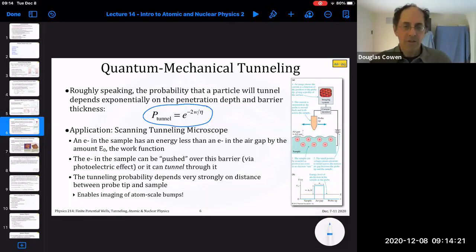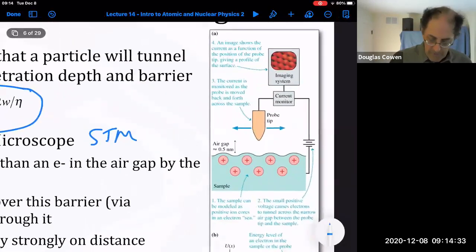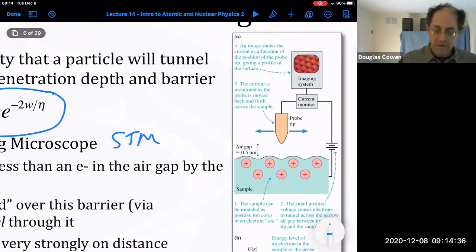So one application of this is something called a scanning tunneling microscope, or STM for short. And the basic idea is illustrated in this figure here on the right. So the idea is you have a probe tip made out of some metal, and it's very, very sharp. And it hovers a fixed but very small distance above a sample. And what you're trying to do is get some idea for the shape of the surface of the sample.